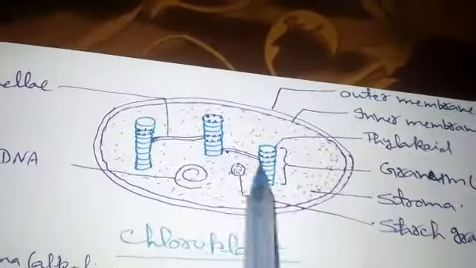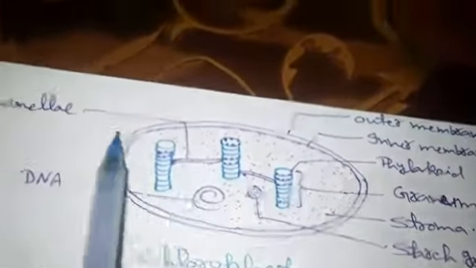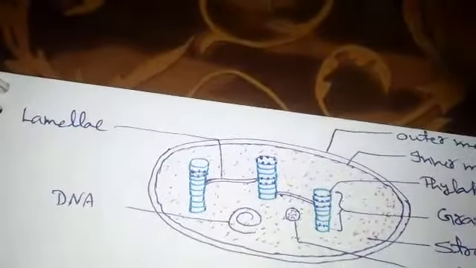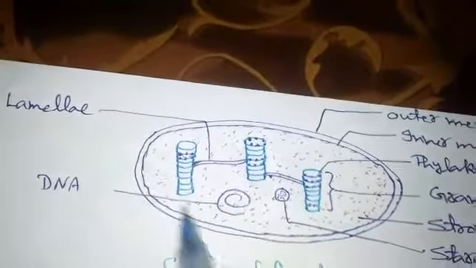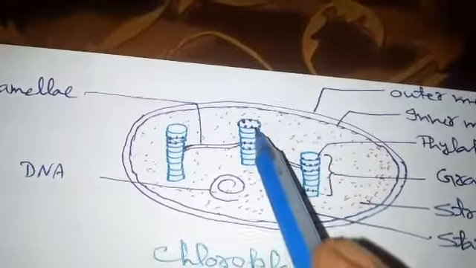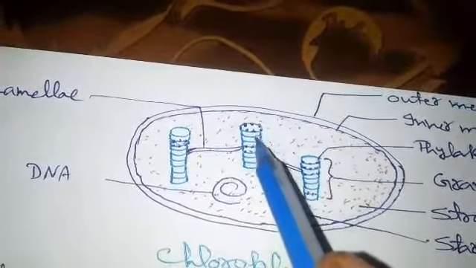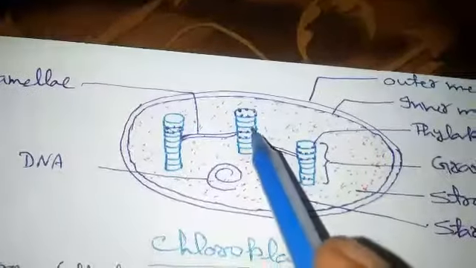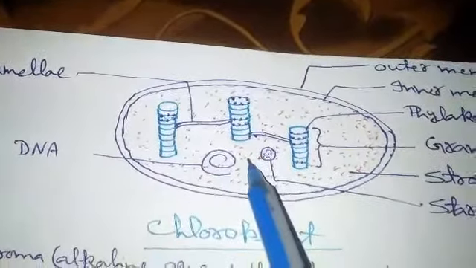Each granum is attached to the others by a thread-like structure which is called lamellae. In the stroma of the chloroplast, DNA is also present. So the thylakoid performs the light reaction of photosynthesis, and the stroma performs the dark reaction of the photosynthesis.